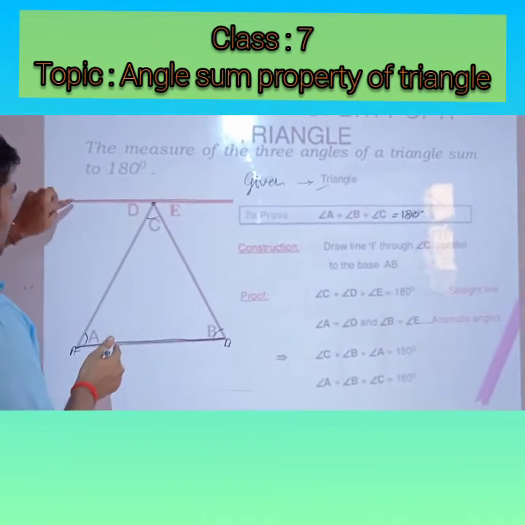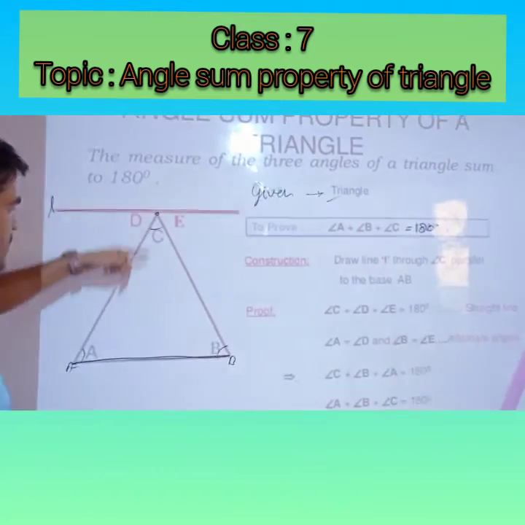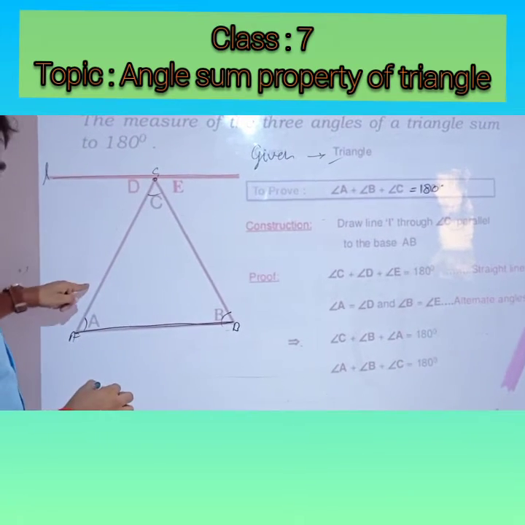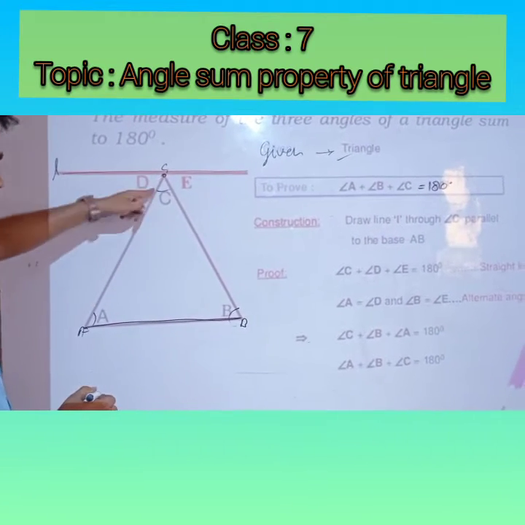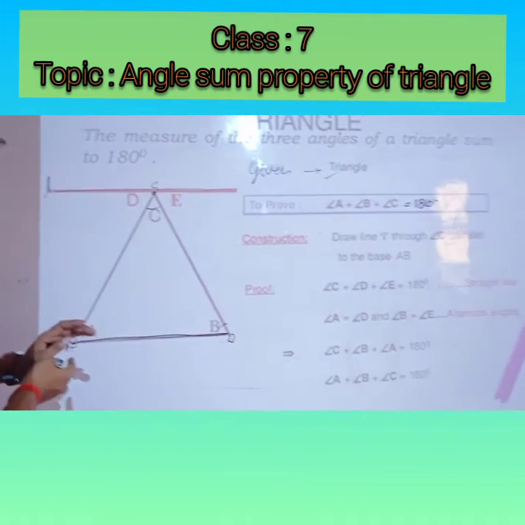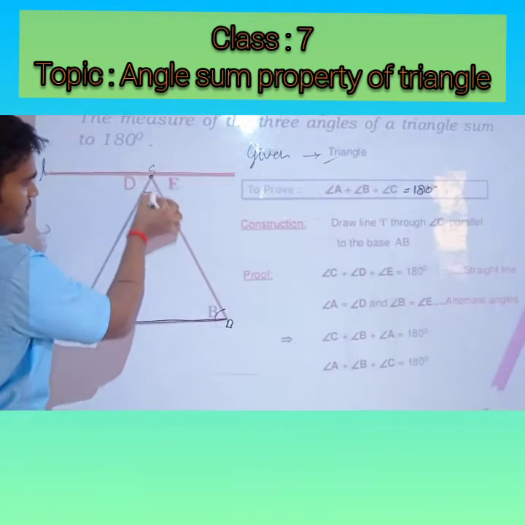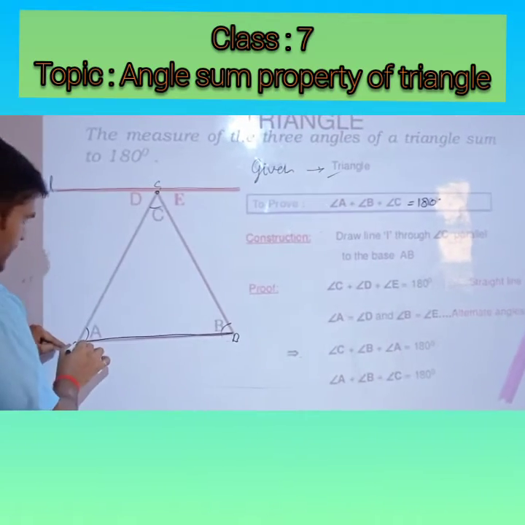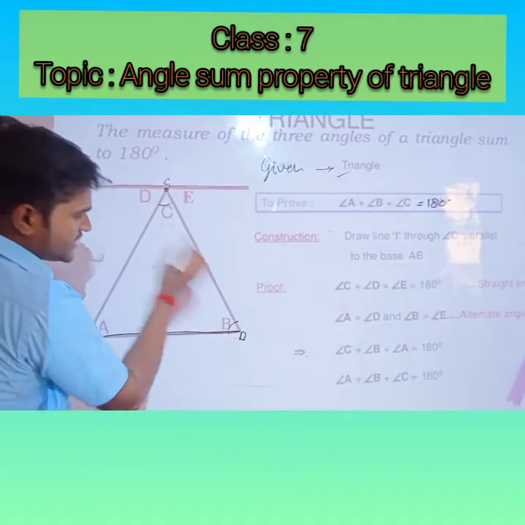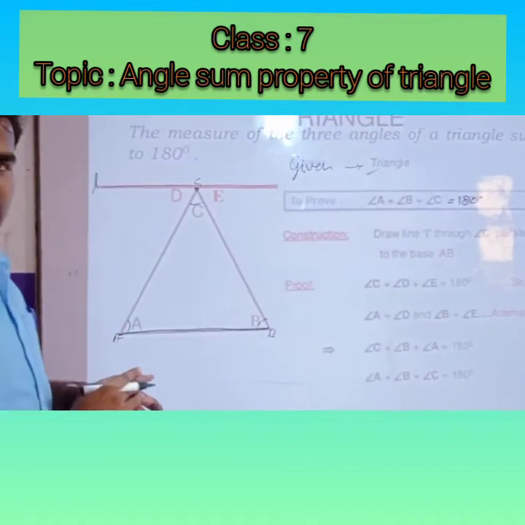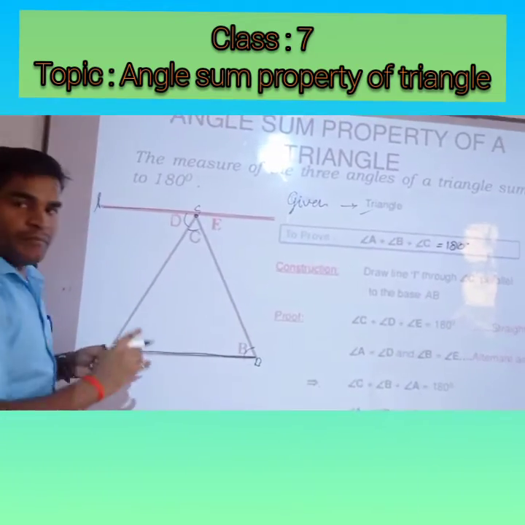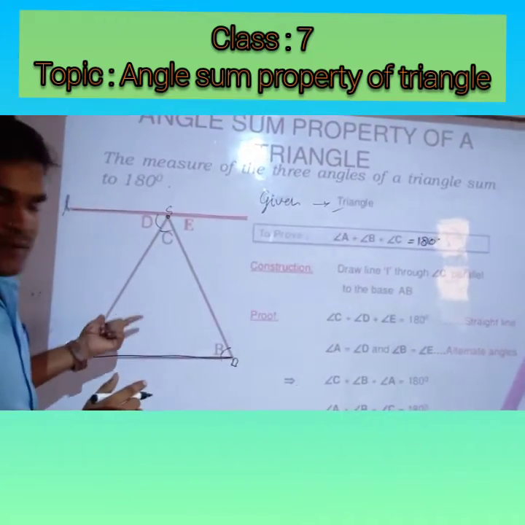Children, if L is parallel to AB, then considering C, CA is a transversal, and CB is also a transversal. So children, we know that angle D is equal to angle A by the alternate interior angle property.